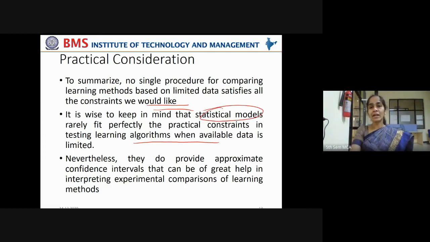But if the data is large enough, normally they satisfy the statistical models. So when the data is limited, you can't expect each time that they will be in accordance with the statistical models. Nevertheless, they do provide approximate confidence intervals that can be of great help in interpreting experimental comparisons of learning algorithms.